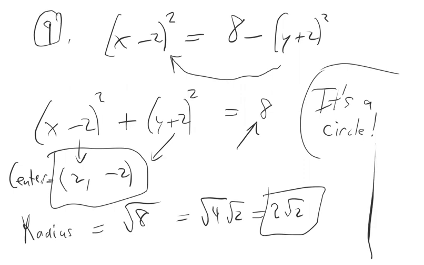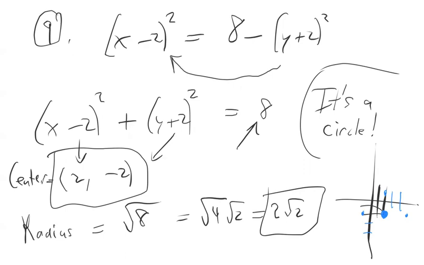So on a graph, the center is going to be over 2 and down 2. So that's the center point right there. And then 2 times the square root of 2 is roughly about 2.8. So go about 2.8 units up, 2.8 units left, 2.8 units right, and 2.8 units down.